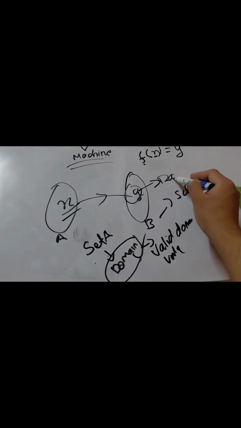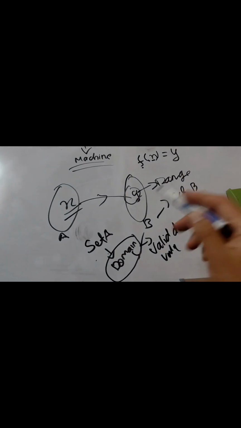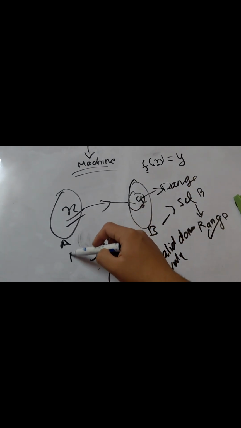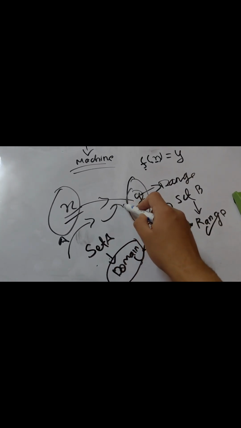So domain and range are nothing but simply input अनि output.